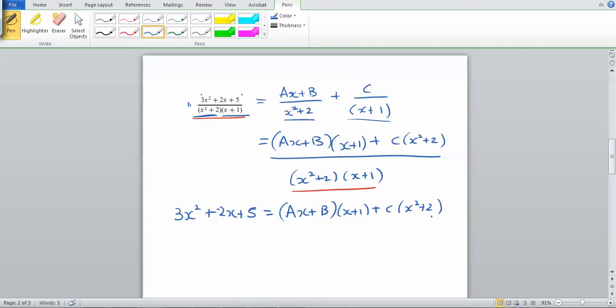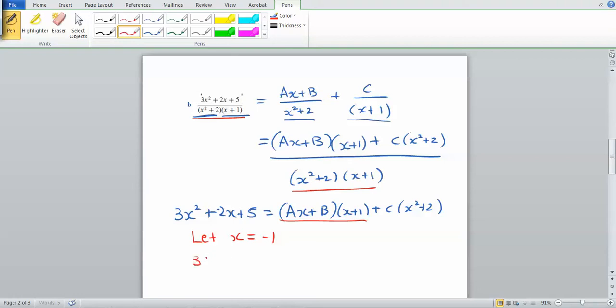Okay, so what would we do here? Well, it makes sense to let x be equal to -1, because that way we're going to keep that. So let's do that.